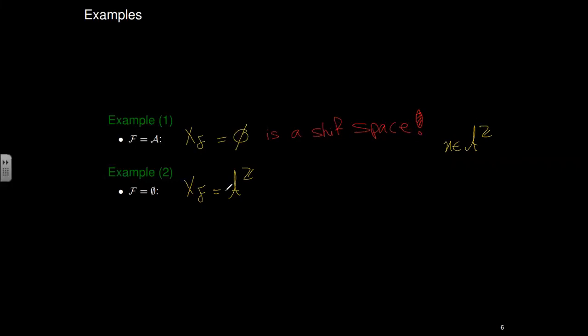It means that all of the bi-infinite words or bi-infinite sequences over your alphabet is also a shift space. So it is again a shift space. So we have two trivial shift spaces over one alphabet: one of them empty, one of them the whole full shift. Let's go to another example.